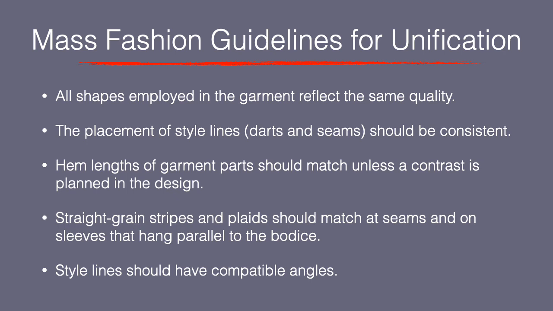Straight grain stripes and plaids should match at the seams and on the sleeves that hang parallel to the bodice. Again, style lines such as darts and seams should have compatible angles.